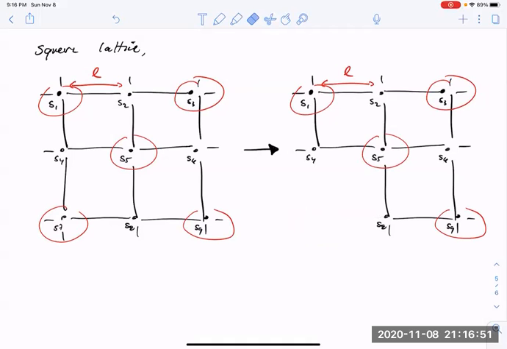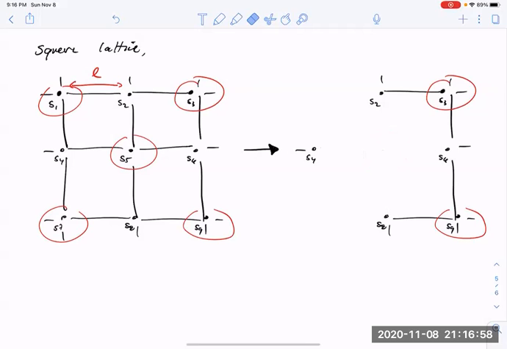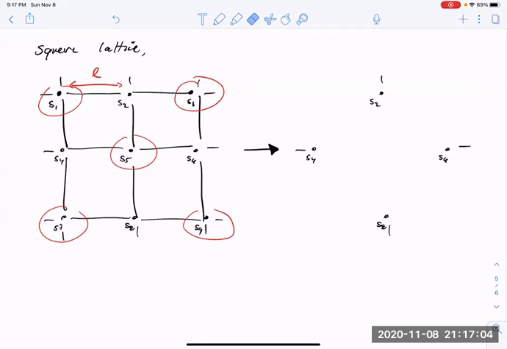Okay, we've integrated out S7. There's integrating out S1, S5, S3, like so.